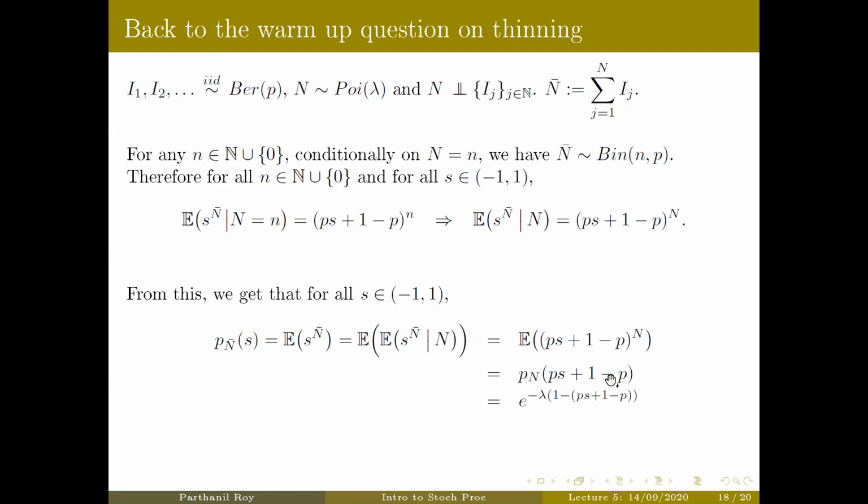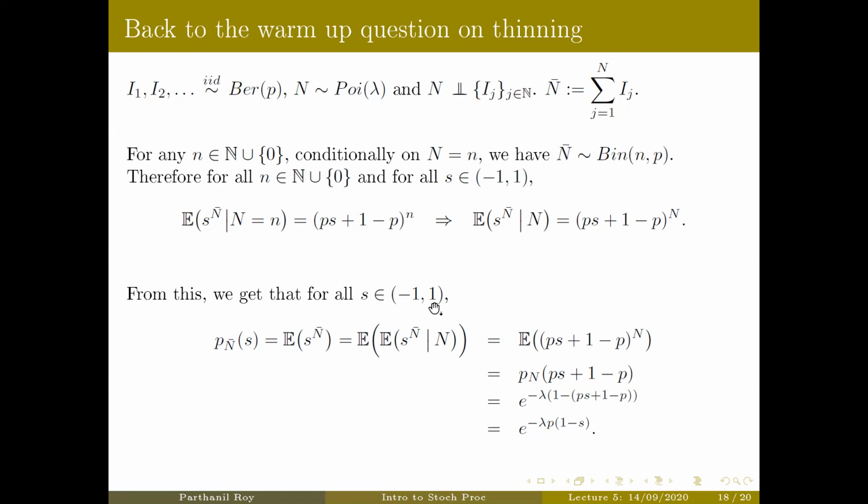But we have this expression, so we'll have this thing. And of course, there is simplification possible because 1 and this 1 will cancel. If you simplify and write nicely, what you get is e power minus lambda p into (1 - s). And this is true for every s in the range -1 to 1.